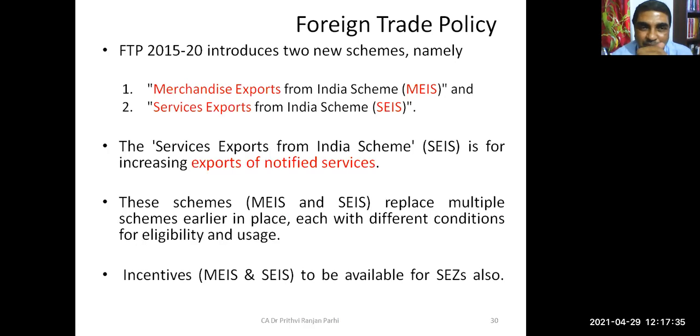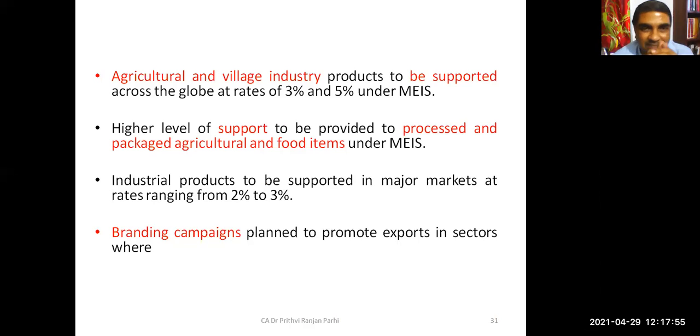You can see it on the DGFT website. Broadly, this policy talks about export being divided into two types. One is merchandise export, second is service export. So broadly, that means goods and services. There can be two classifications like this.